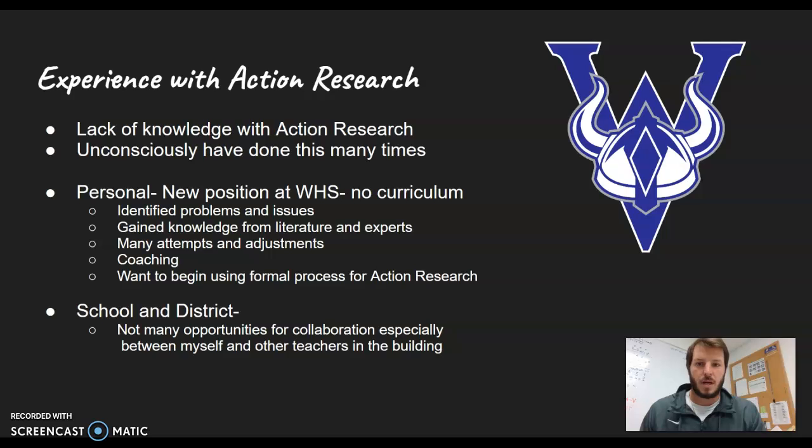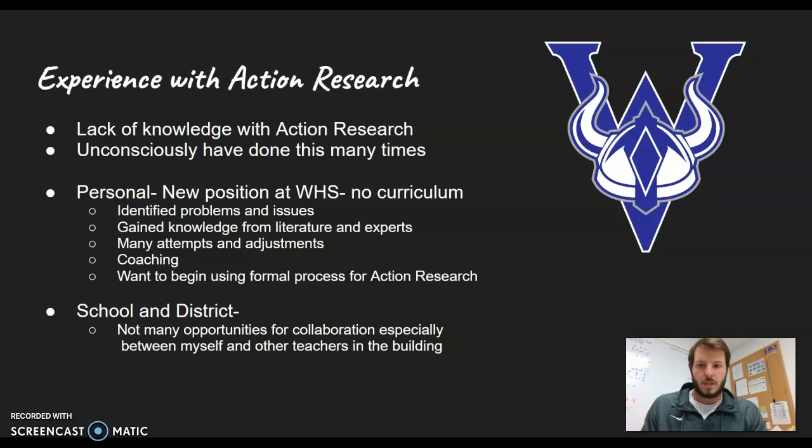So during that, I identified the problems and issues that we were having previously to me being here. I gained some knowledge from research and literature, and obviously consulted with some experts or people I know in this area, asked them what they do, what works best for them, to give me some ideas while I was brainstorming. It took many different attempts and adjustments, tweaks to figure out how things were going to work, what was most efficient.